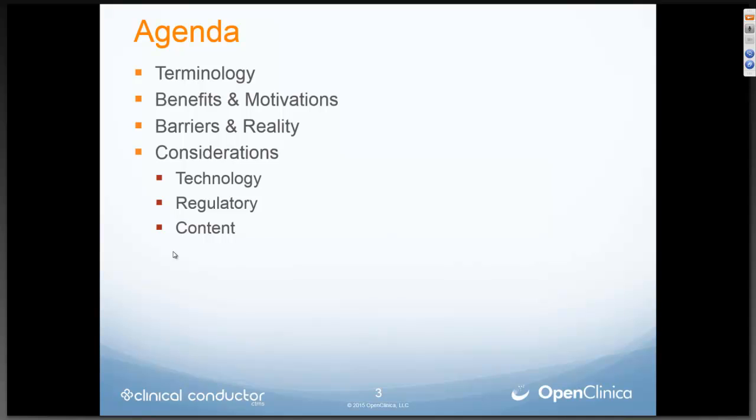And in the process, we're going to go through some key considerations in the area of the possible technologies that are available to you, some of the key regulatory guidances that are published, and also talk about what it takes to get your forms or instruments in a fashion that's appropriate for use in an ECOA setting.